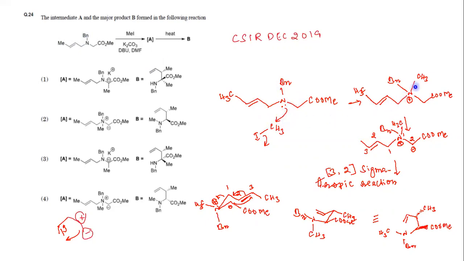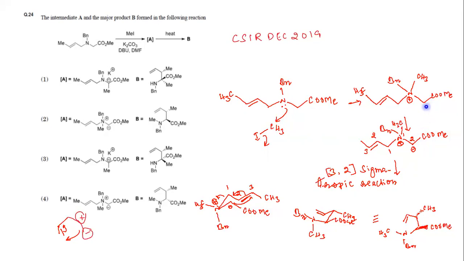After this N-methylated product is formed, it is treated with potassium carbonate and DBU. DBU is a base, diazabicycloundecene. It's a hindered base. What this does is generate the anion here, as this anion is stable.